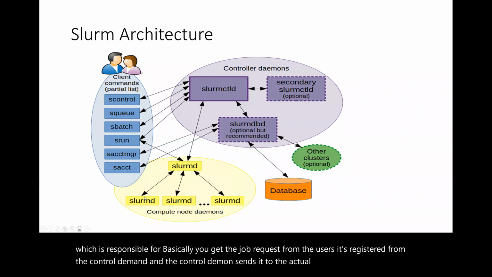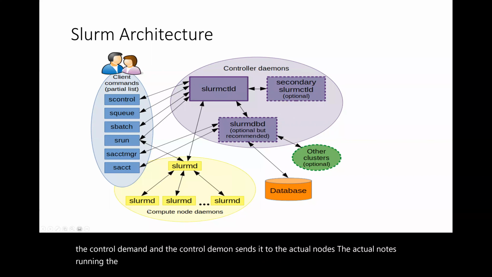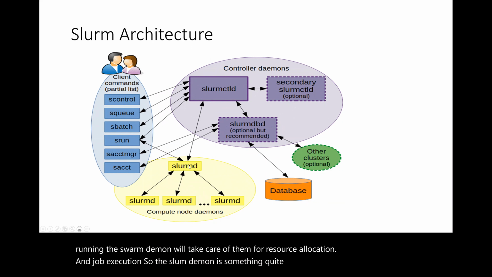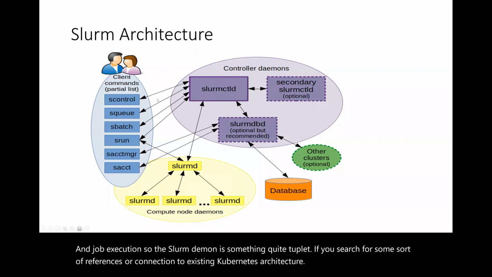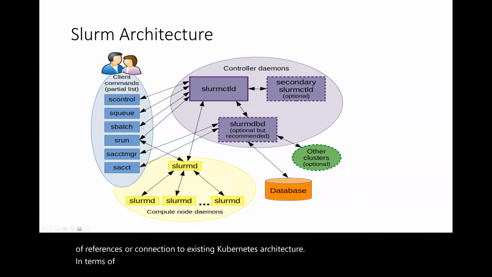The actual nodes running the Slurm daemon will then take care of resource allocation and job execution. So the Slurm daemon is something like kubelet if you search for some sort of reference or connection to the existing Kubernetes architecture.